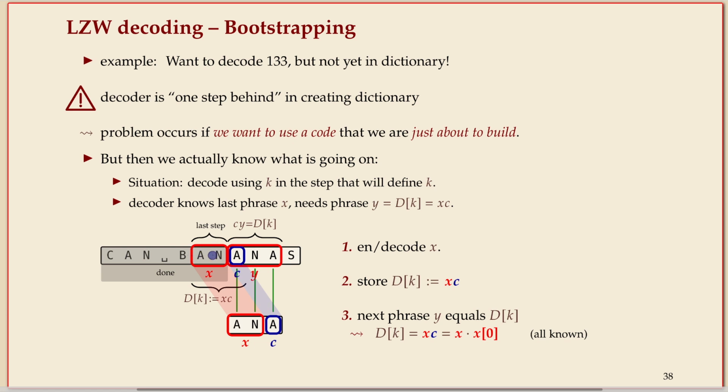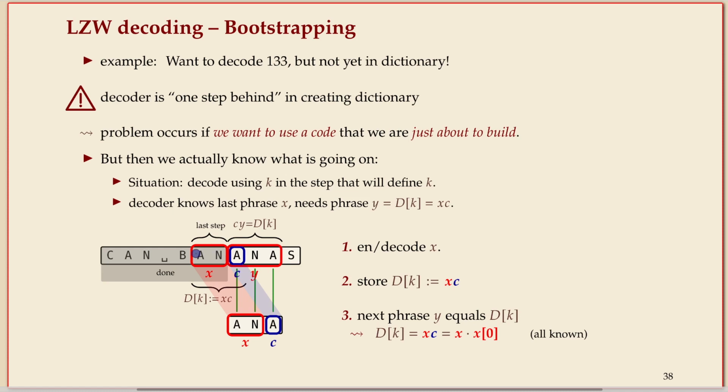So the encoder started with AN and encoded that, and then added to the dictionary ANA. And then ANA comes again. That's exactly the situation. It can only happen like this. The encoder has a phrase, adds a new character, and then that new phrase directly appears one more time.